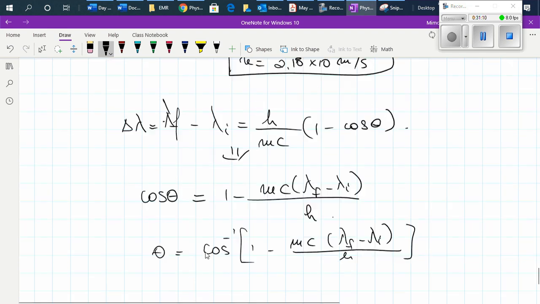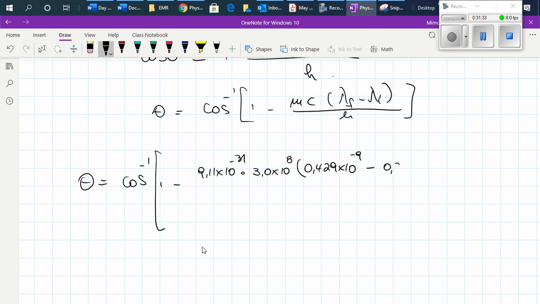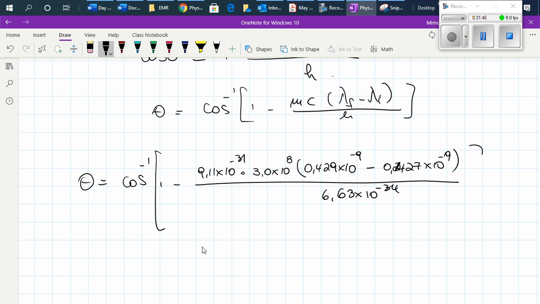And if we substitute them, we'll have 9.11 times 10 to the power of negative 31 times 3.0 times 10 to the power of 8, times (0.429 times 10 to the power of negative 9 minus 0.427 times 10 to the power of negative 9) over 6.63 times 10 to the power of negative 34.